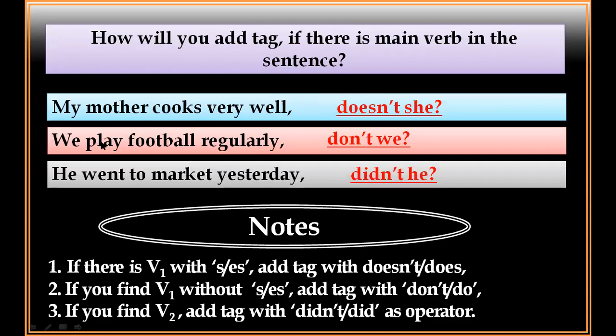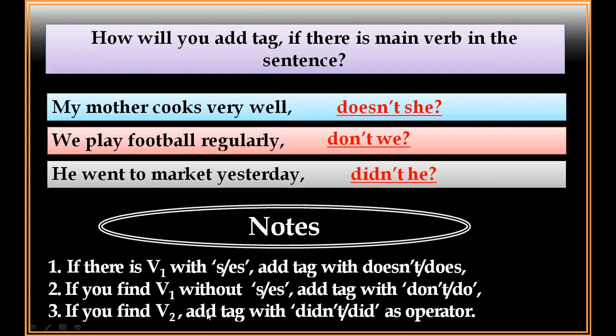Notes. A very, very important point to be remembered. Look at the rules, okay? If there is V1 with s or es, that means cooks, then it will be doesn't or does. If it is negative, then it will be does. If it is affirmative, then it will be doesn't. If you find V1 without s or es, that means present form, then it will be don't or do.